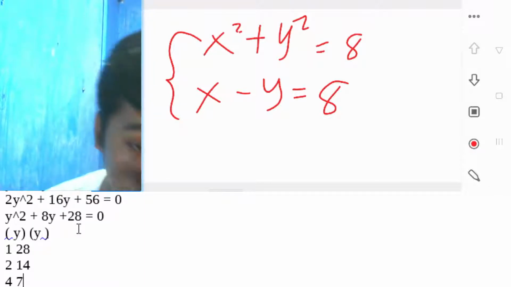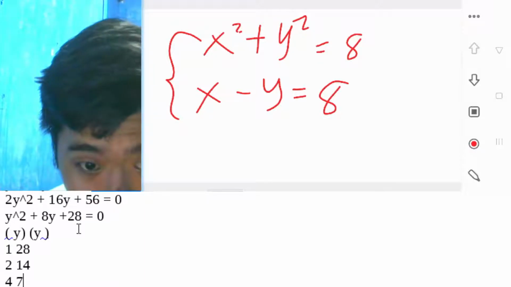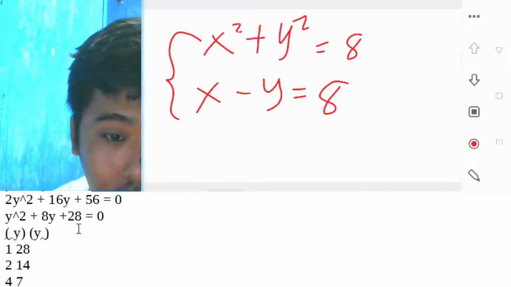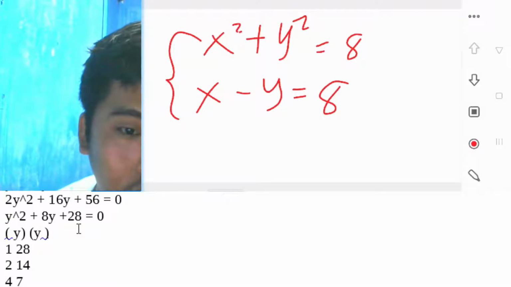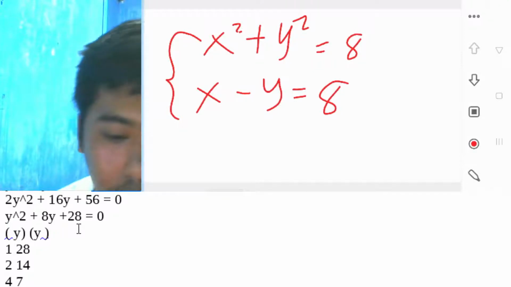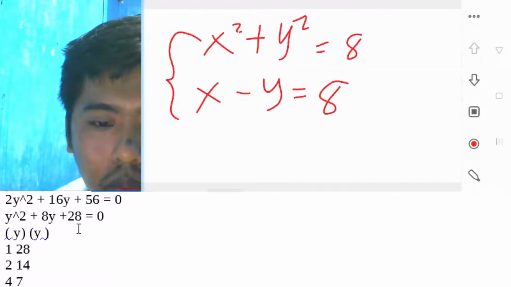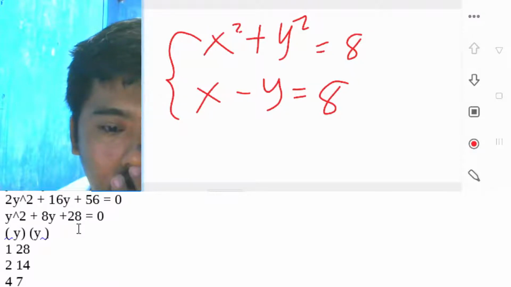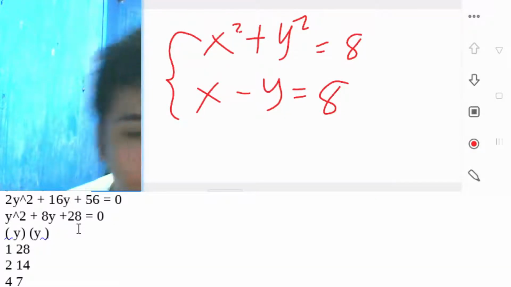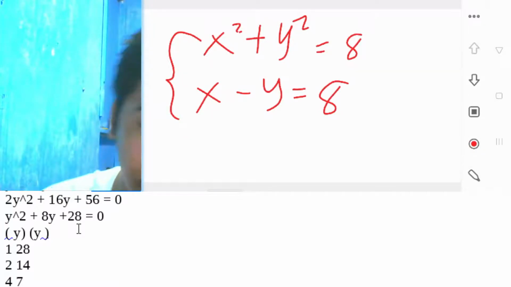Correct. Now after that, how about 6? 6, 12, 18, 24, 30. No. So that's out.